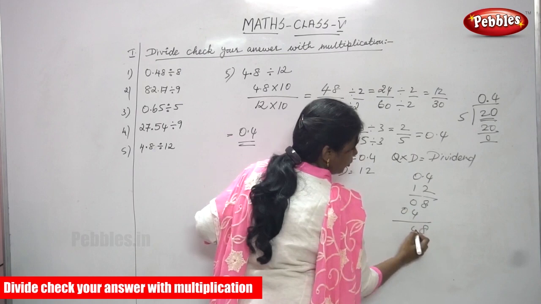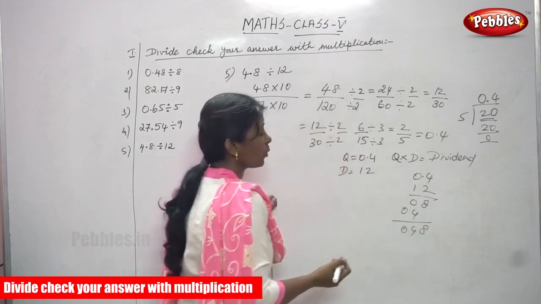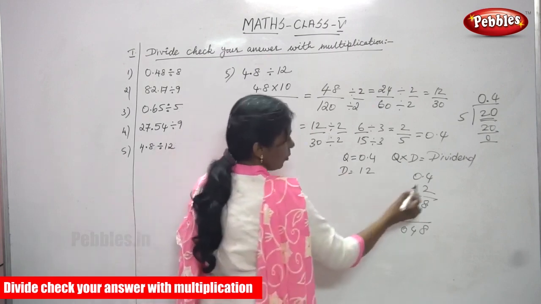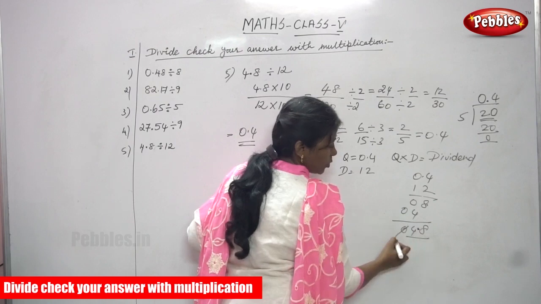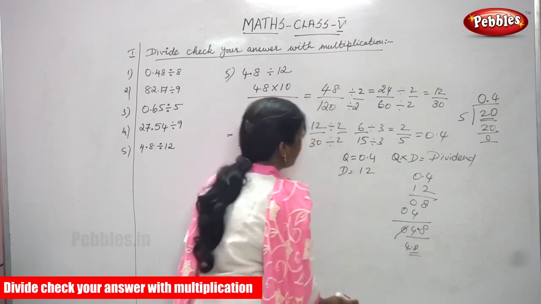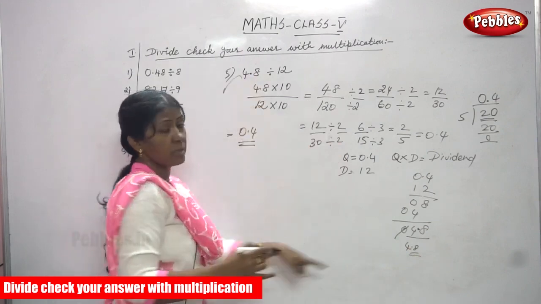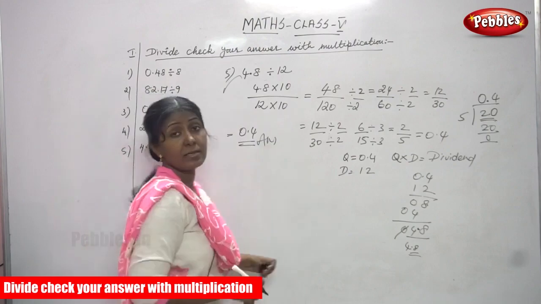So 8 4 0. So how many points do you have to take? Only 1 point from right to left. So this 0 is not considered. So 4.8. You got it? That means you got the question. So whatever you find, the answer is exactly right.